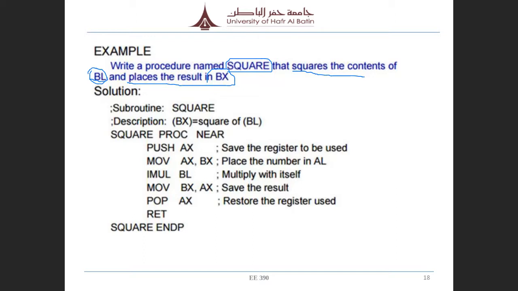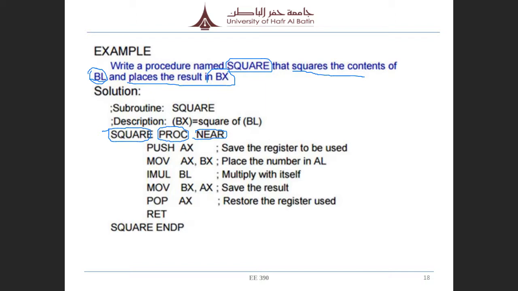So okay, let's see. What is the name of the subprogram? It is square. Then we have to write PROC. PROC means procedure, shortly written PROC, and then we have to write either near or far. So there are 2 types, near or far.